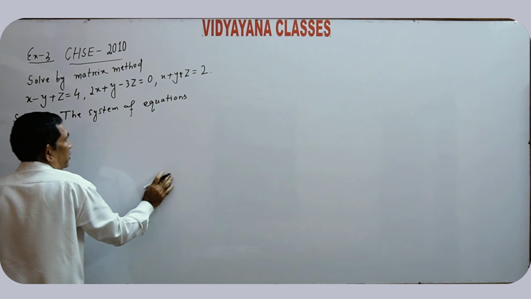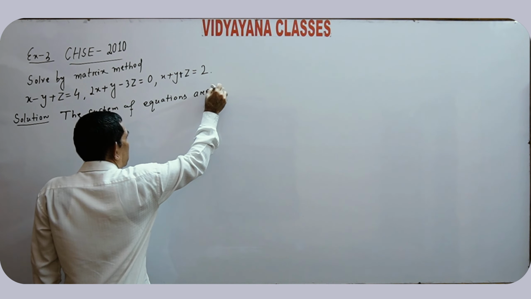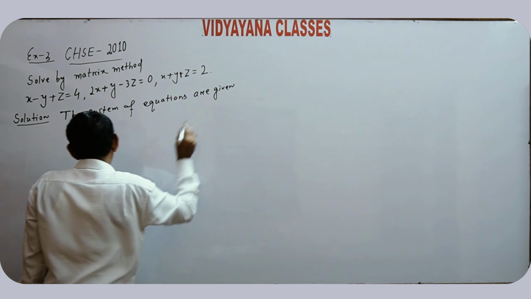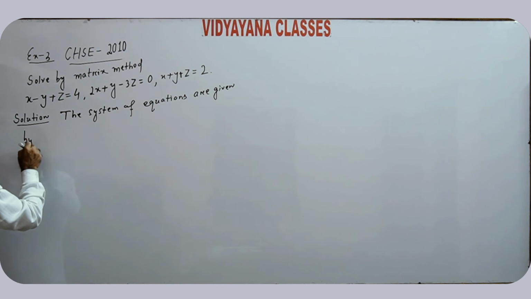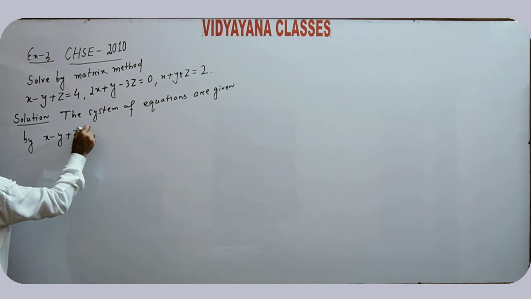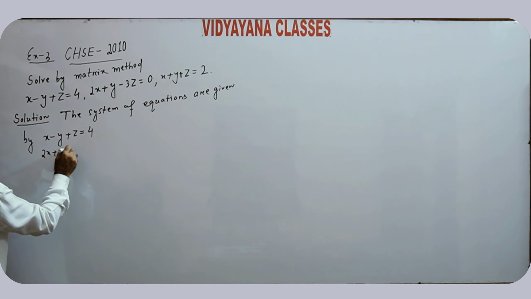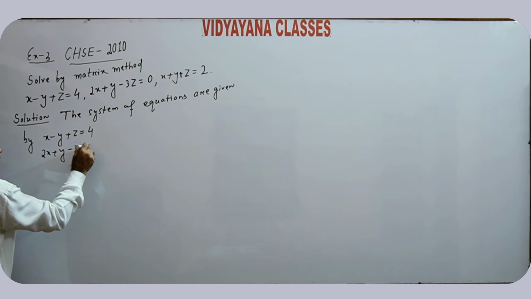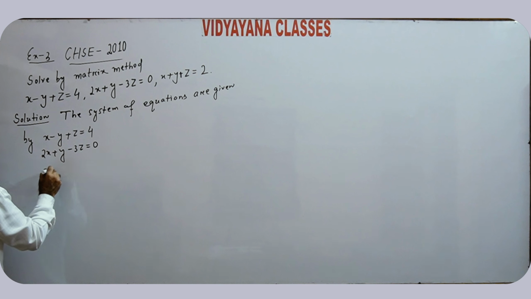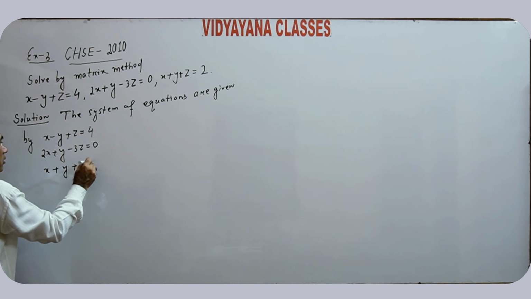The system of equations are given by x minus y plus z is equal to 4, 2x plus y minus 3z is equal to 0, x plus y plus z is equal to 2.